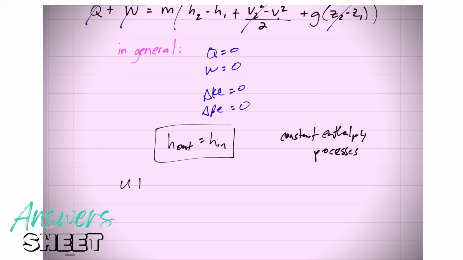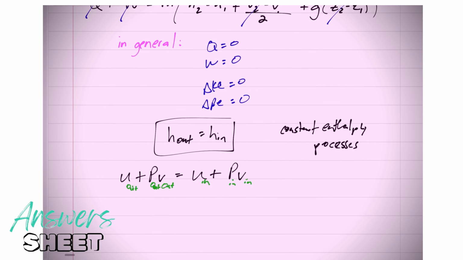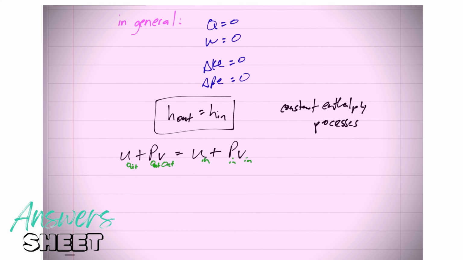Well, H is U plus PV. So we can expand that and say the U out, pressure out, V out of the outlet equals the U in, pressure in, V in. And so if we know a few of these, we can find another. One more thing before we move off of this one.